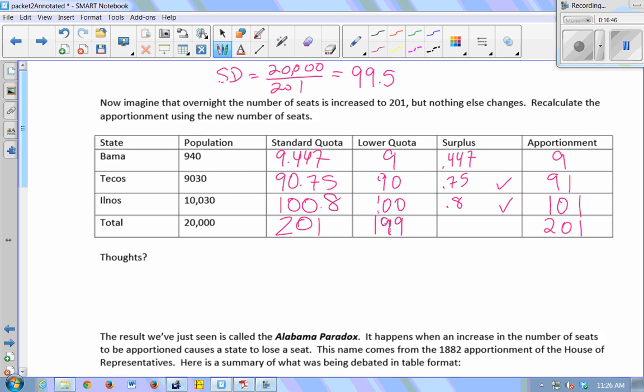Alabama lost theirs, yeah. So Texas and Illinois both got an extra. One of them got the one extra that came when we increased to 201, but one of them took a seat away from Alabama, right? So Alabama is really upset. We took away a seat from them.